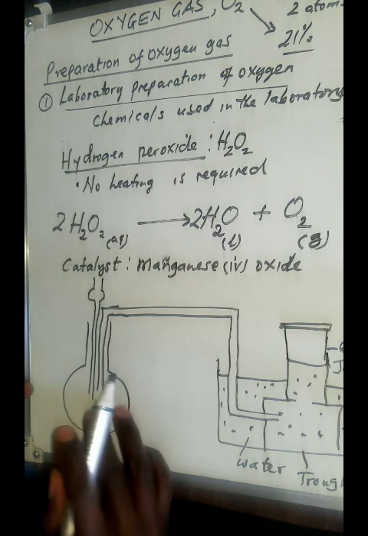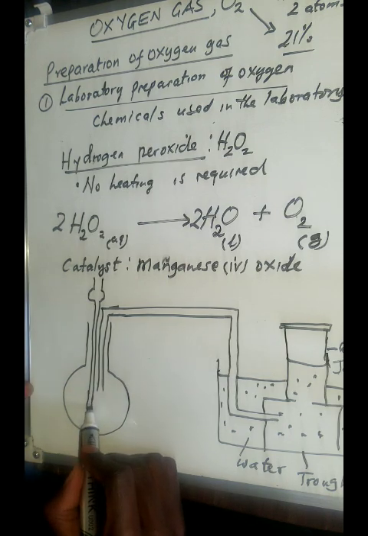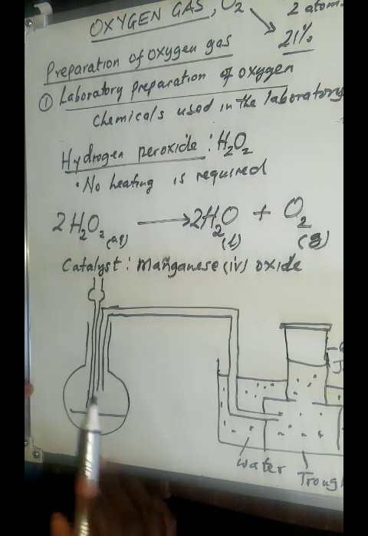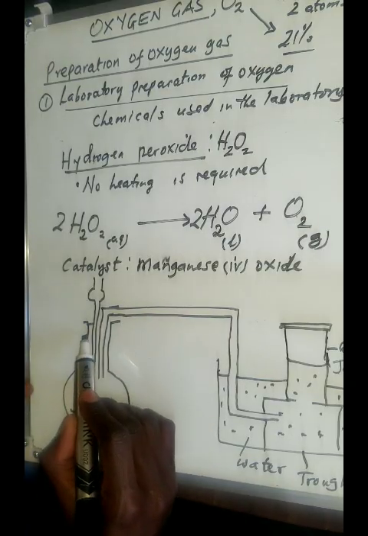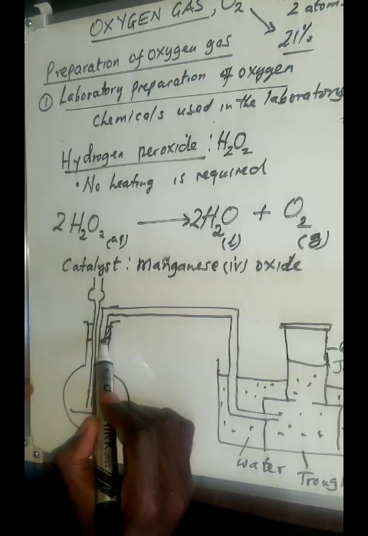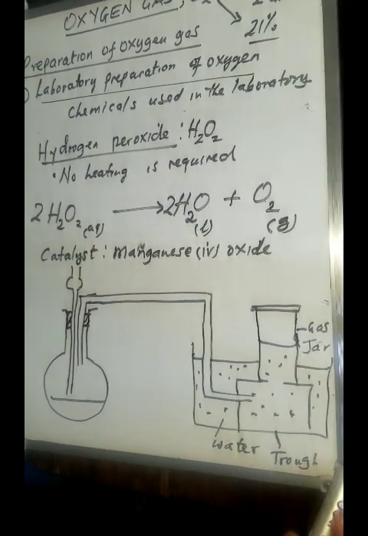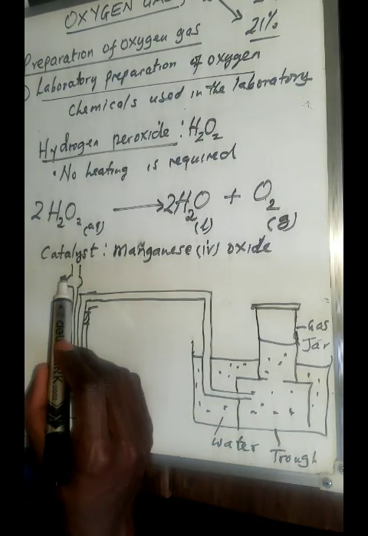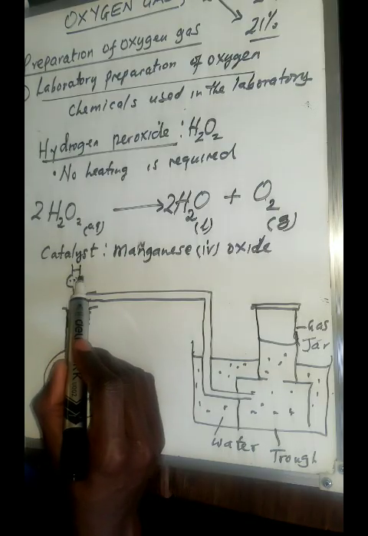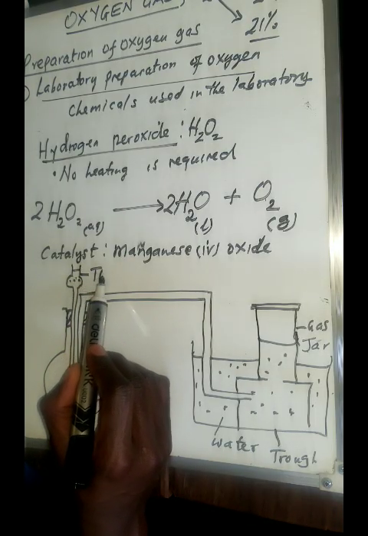This is just for the purpose of illustration for you. Of course, we can make sure that we seal it up with a gas stopper so that whatever gas is collected does not come out. So this is what we call the thistle funnel.